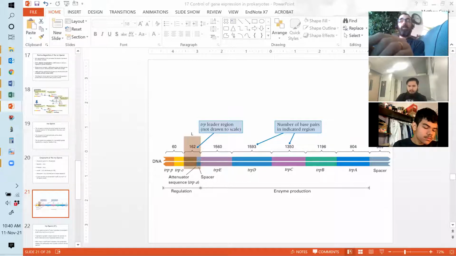Now remember, back in the day, it seemed like years ago now, when we were talking about transcription and translation. One of the key differences with prokaryotes is that transcription and translation are coupled. This is the principle that is used in attenuation.